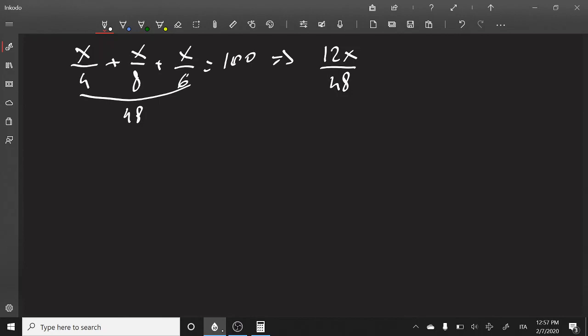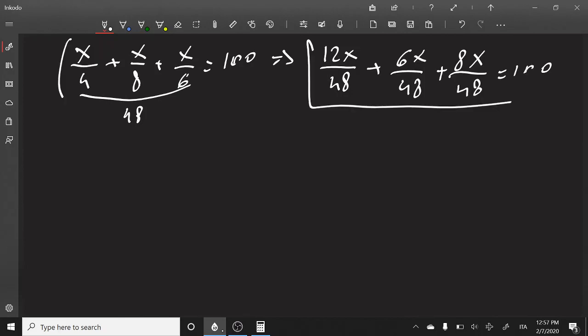12x on 48 plus 6x on 48 plus 8x on 48 equal to 100. Then we have 12x plus 6x plus 8x all on 48 equal to 100.